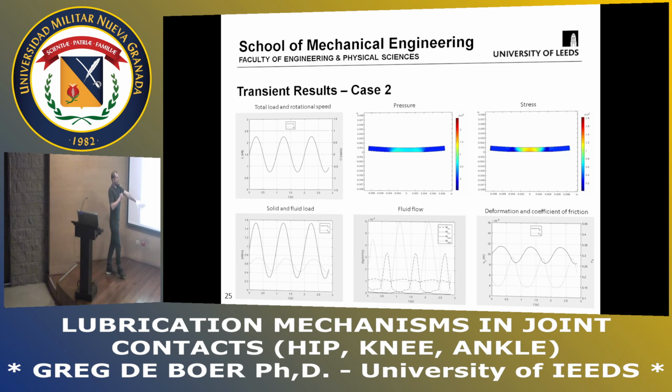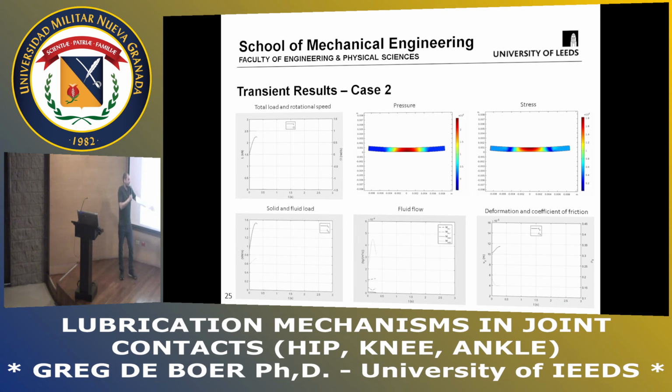This graph here links back to that slide I had around whether the flow is moving into or out of the contacts, and on which side, whether it's on the left or the right-hand side. And again, this is giving us some really interesting insights because two of the curves are almost constant, because they're saying that there's no absorption into the material from the right-hand side of the contact, whereas on the left-hand side we have these very dramatic changes of fluid being pushed in and pulled out of the material based upon how the load is changing over time.